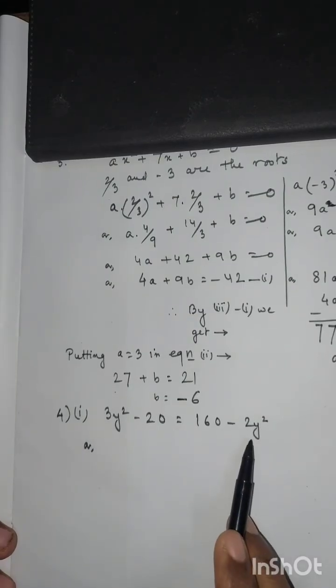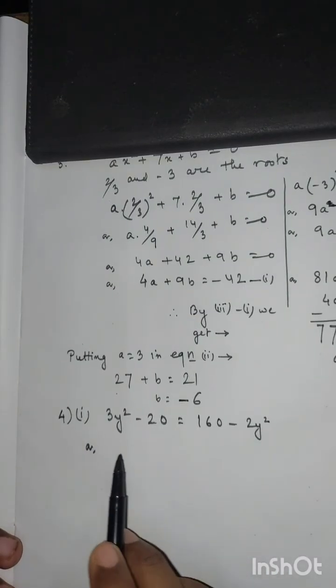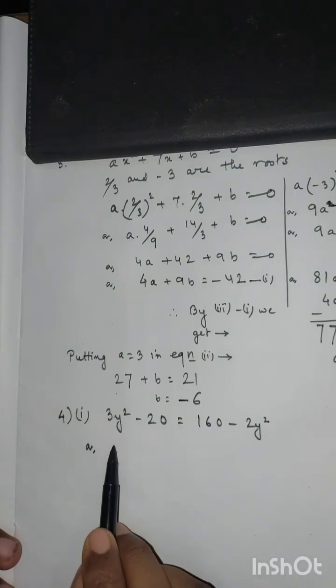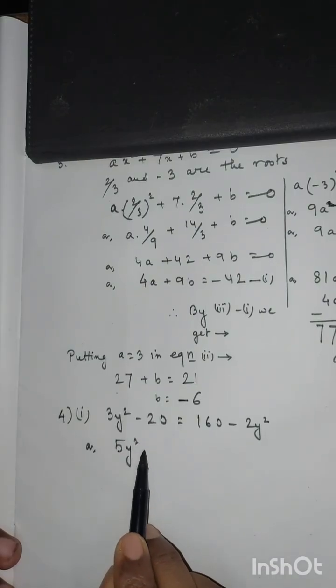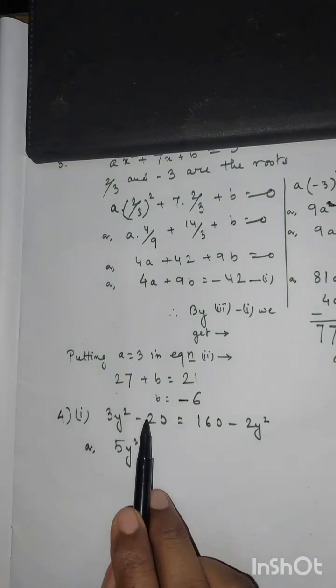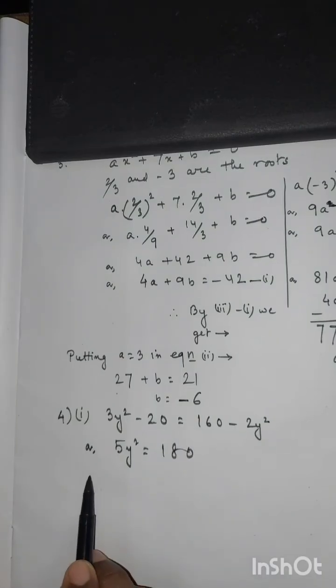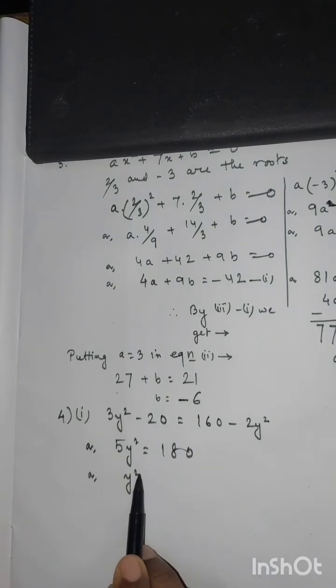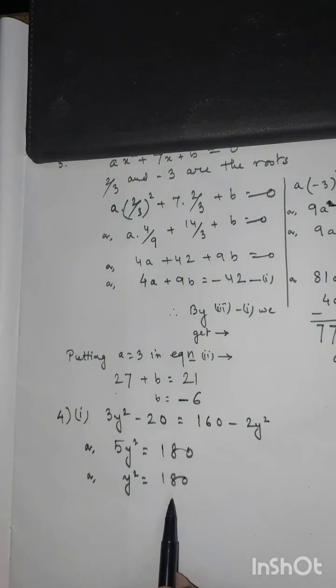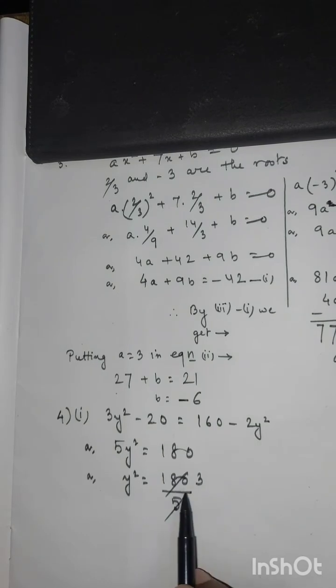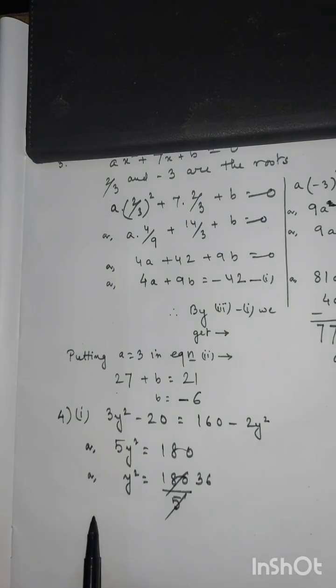If we take minus 2y square to the left side, it becomes plus 2y square, so total 5y square equal to, if we take 20 to the right side, it becomes plus 20, so it is 180, so value of y square is 36, so y should be plus minus 6.